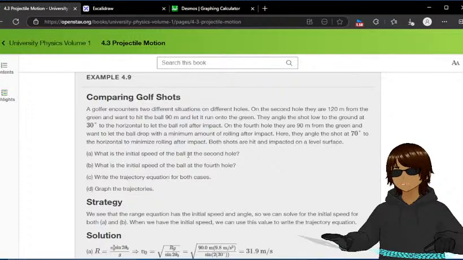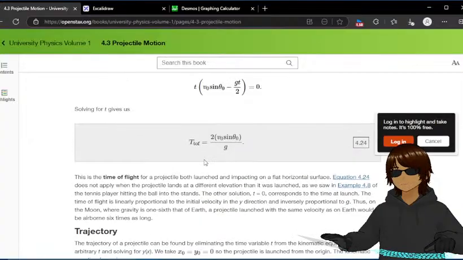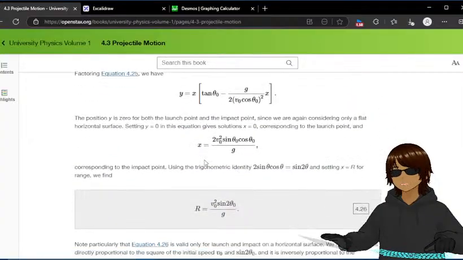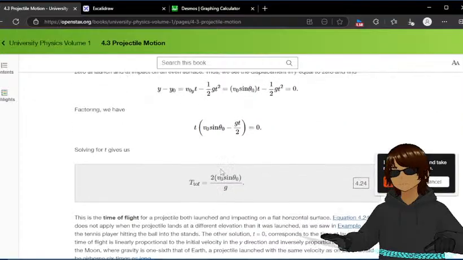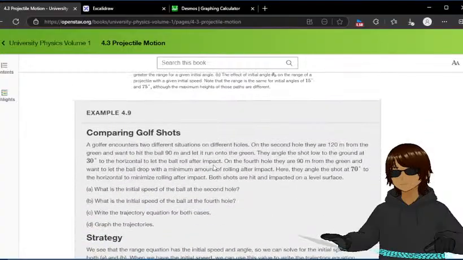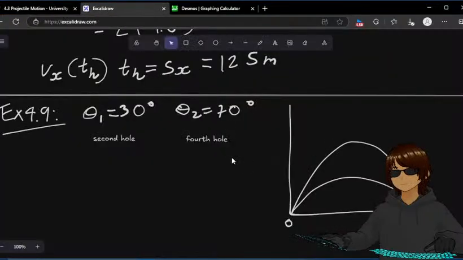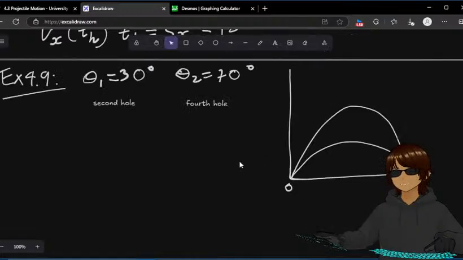Initial speed at the second hole. We have y, we have time of flight, and we have range. So we need this to be 90. The angle is 30.